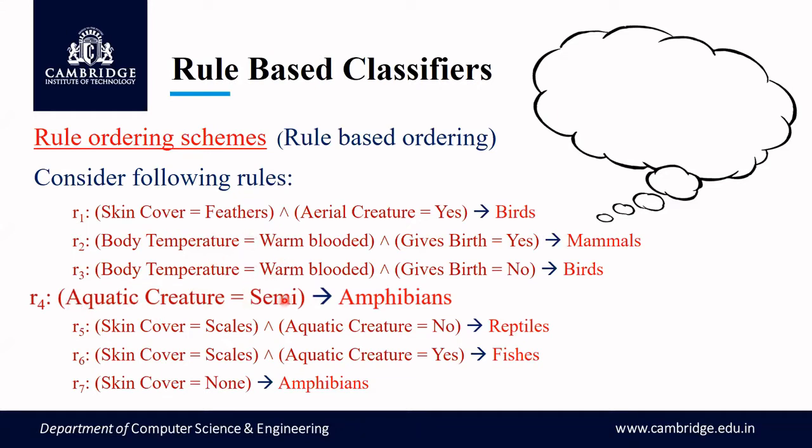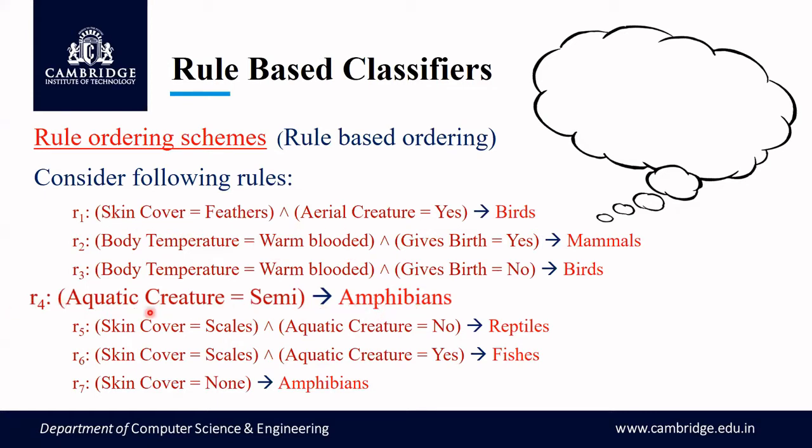For the rules lower in the order, even for R3 if you consider, you will do the same thing. You are going to consider the negation of the rules above. So what will be the negation of the rules above?